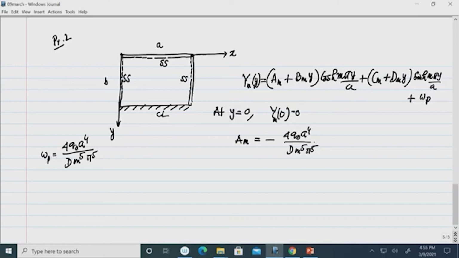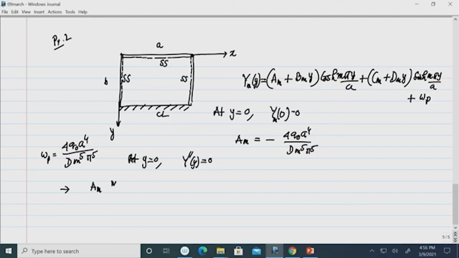So, one constant is known by application of this, and the other constants you have to find out by applying the boundary conditions. Applying the boundary condition on bending moment, at y equal to 0, the second derivative of Y is also 0. That condition gives you an equation, that will be a slightly larger equation, but it can be computed very easily, there is no doubt.